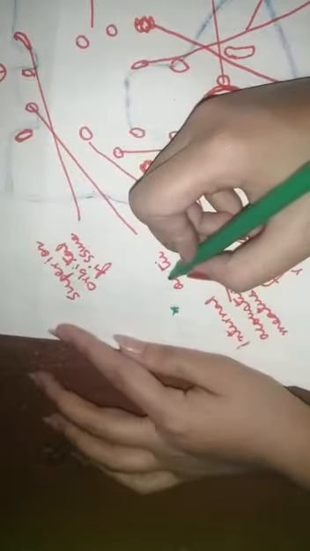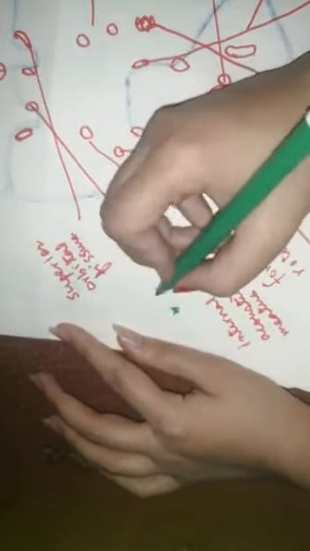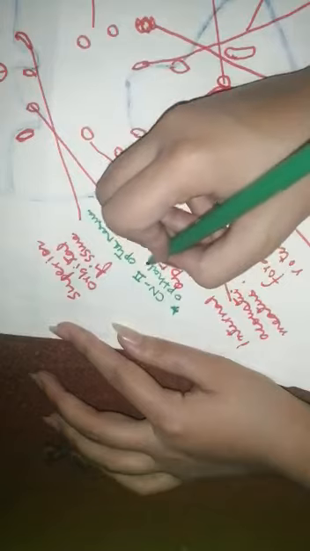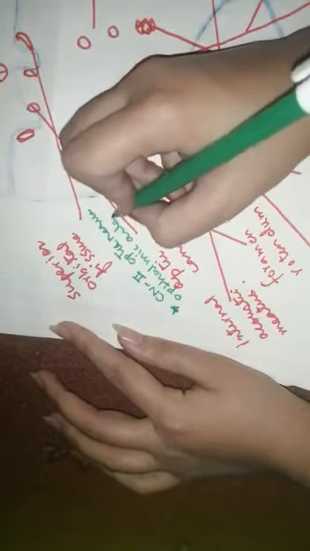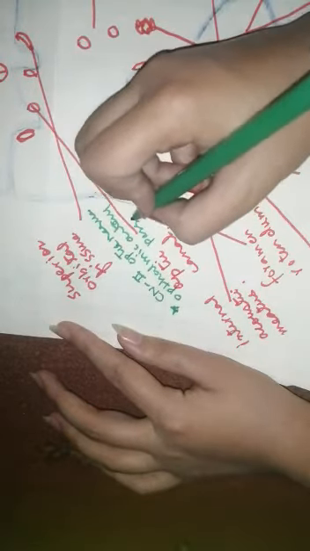Now comes the optic canal. From the optic canal, cranial nerve number 2, that is optic nerve, and the ophthalmic artery pass.